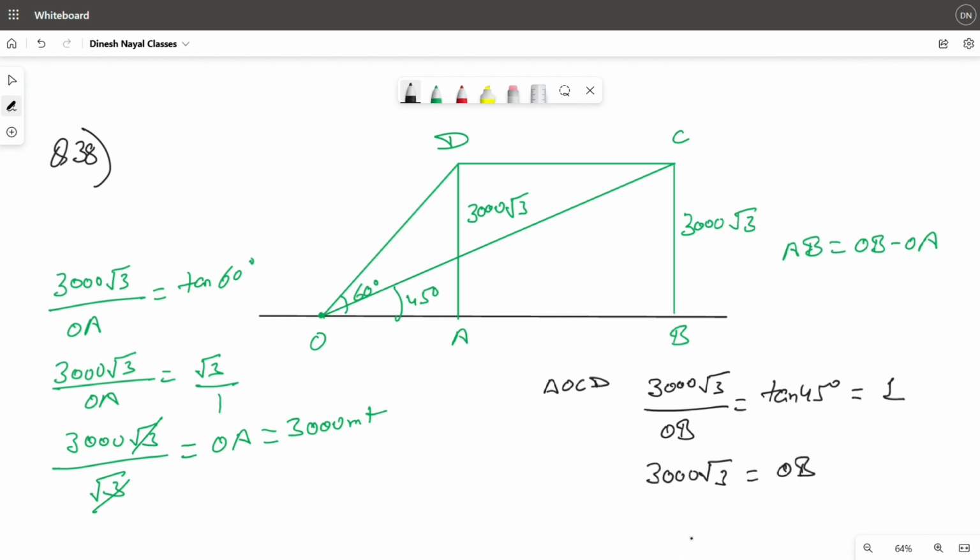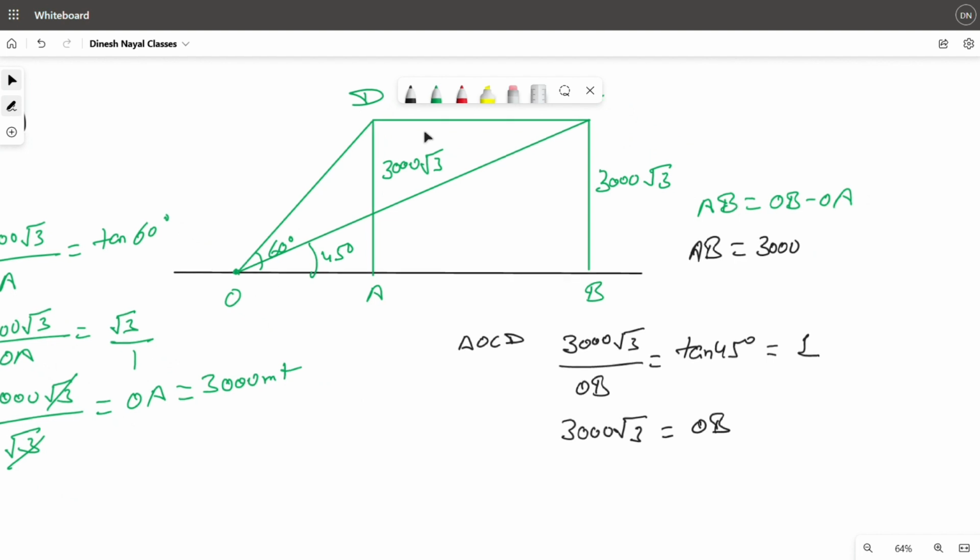So now we have OA and OB. What will be AB? AB will be OB, 3000√3, minus OA, 3000. Taking 3000 common, 3000(√3 − 1). So that's the distance traveled.